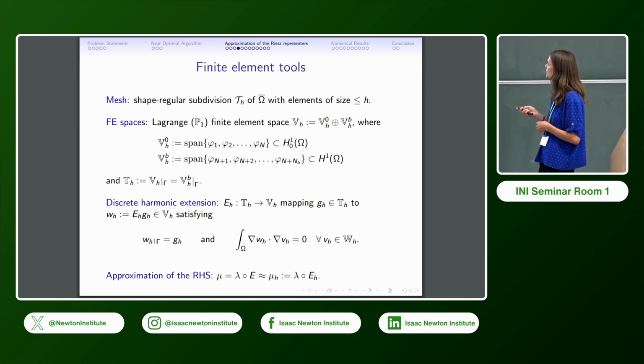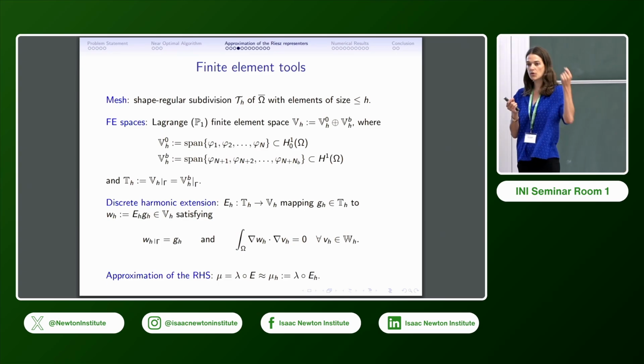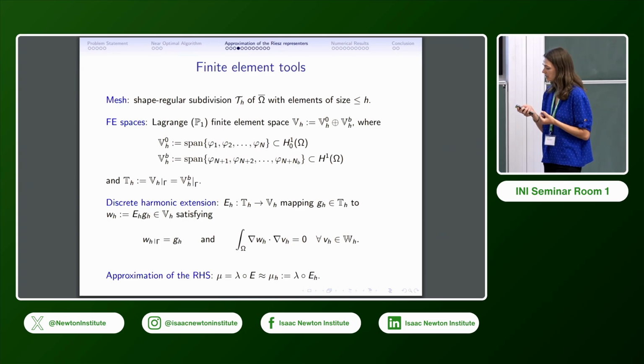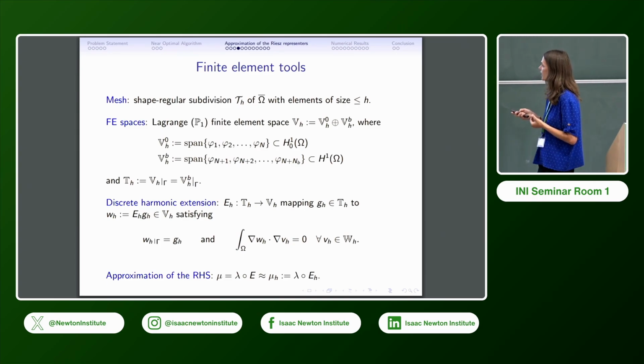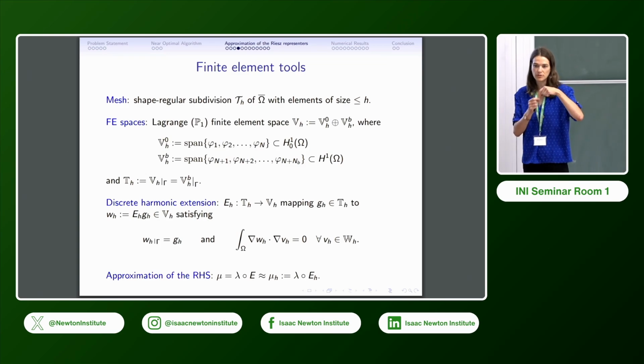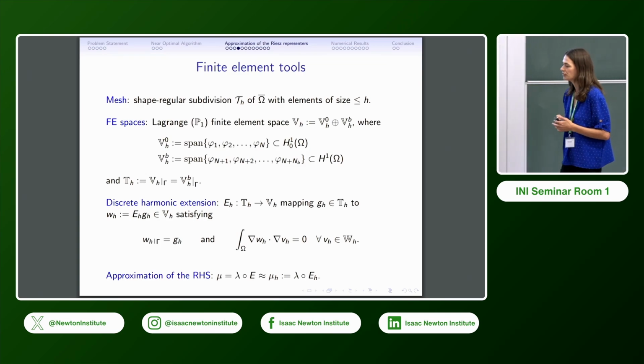So this VH0 will be a subspace of H10, this VHB will be a subspace of H1, and then I can define a space TH, which will be a standard finite element space on the boundary. That's simply the restriction of VH to the boundary, which is the same as restricting only these parts to the boundary, because basis functions associated with interior nodes vanish at the boundary, so they don't enter into the picture.